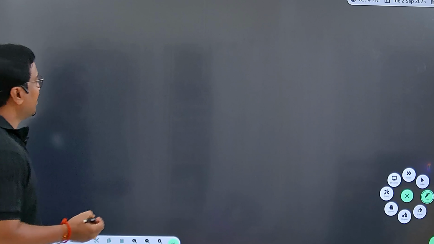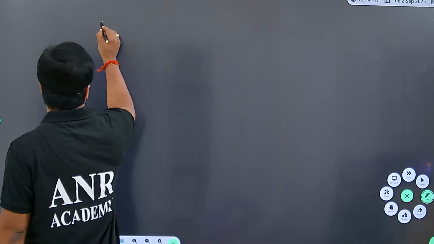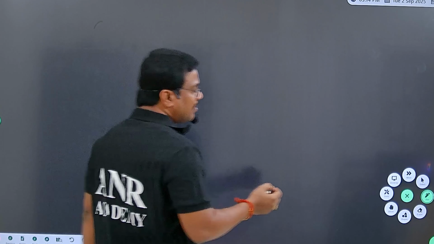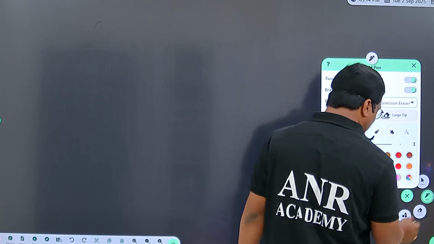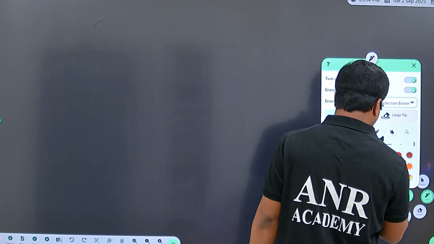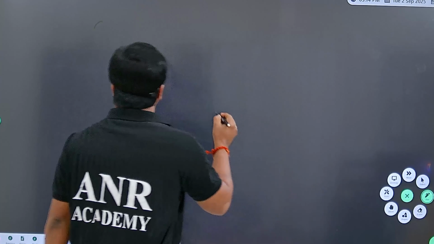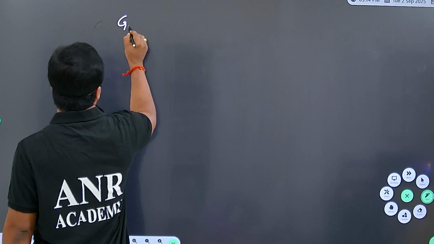We know the general form of homogeneous differential equations. I am going to write the general form.